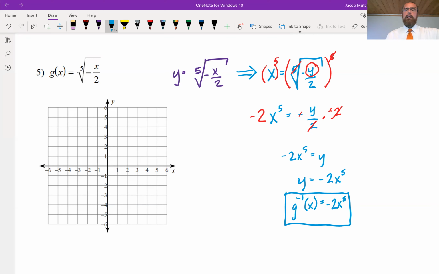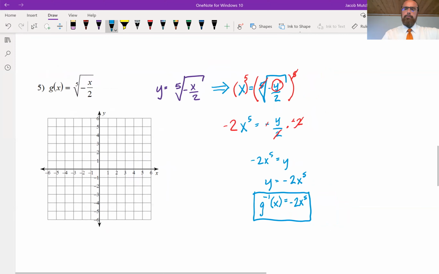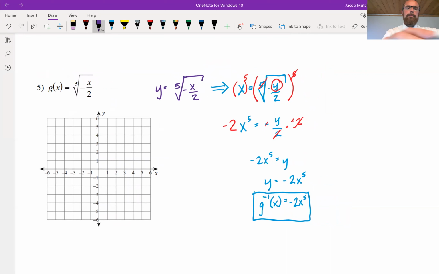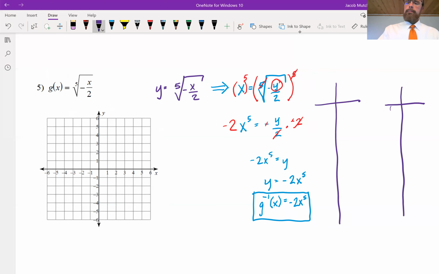So now we want to graph both the inverse and the original. So I'm going to create room for some tables. And we'll make two tables here. The left one will be for the original, so we'll put x. And I'm going to put negative 2 through positive 2.